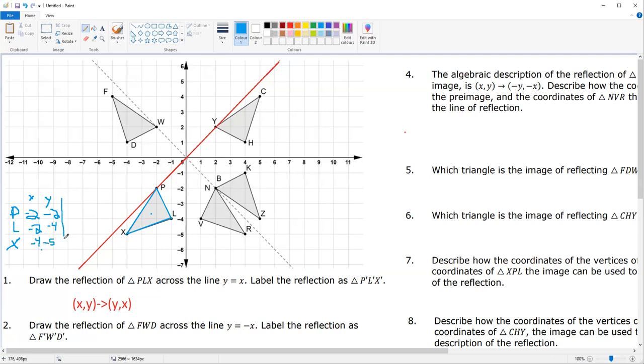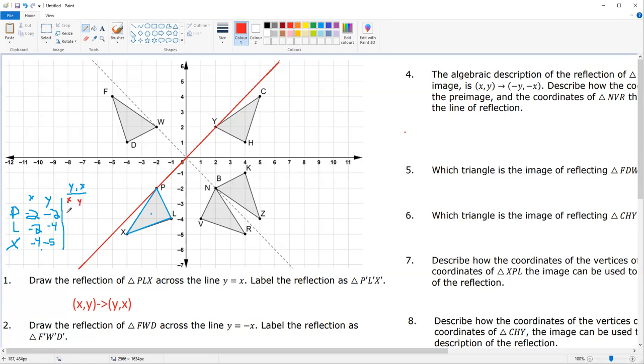Okay, and then our change: our X's are going to be Y's, the blue Y's, and our Y's are going to be the X's down here. Okay, so our reds are X's and Y's.